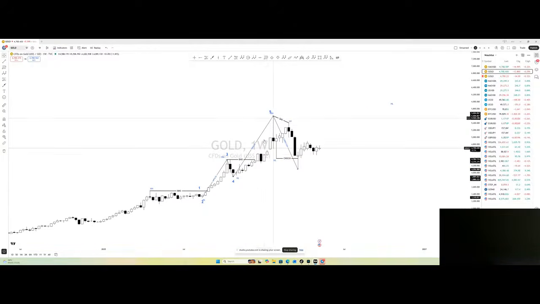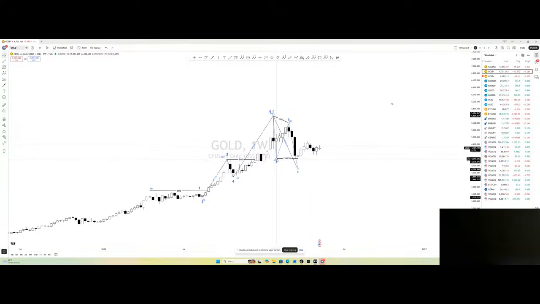Price moves in impulses. So we've got 0, 1, 2, 3, 4, 5. And after 5, you start your 0, A, B on that lower high, C on the new low.